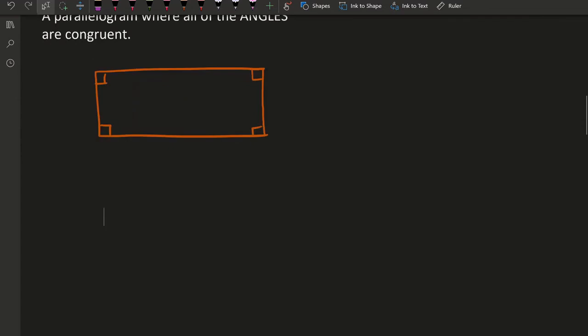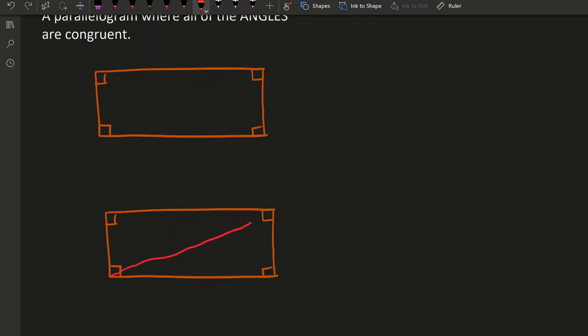And I'm going to make another one so I can draw the diagonals in. So I have a diagonal here, and then I have another diagonal here. And there are some interesting things that happen with that.